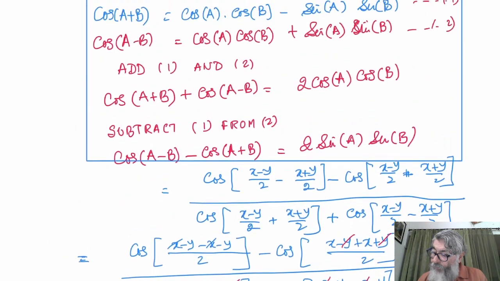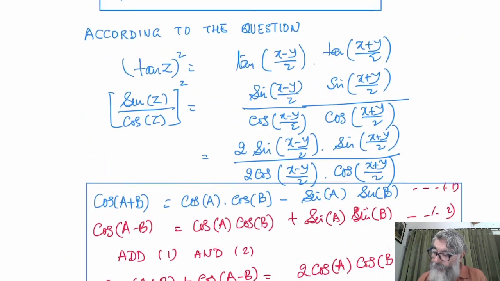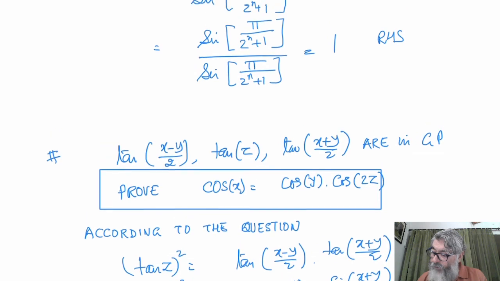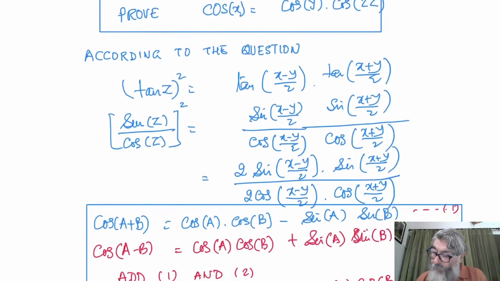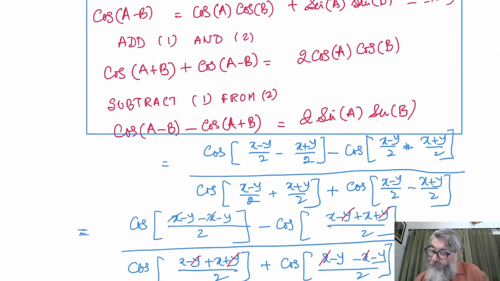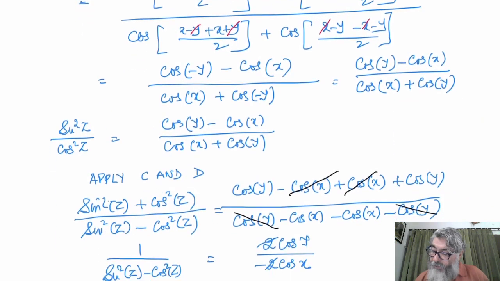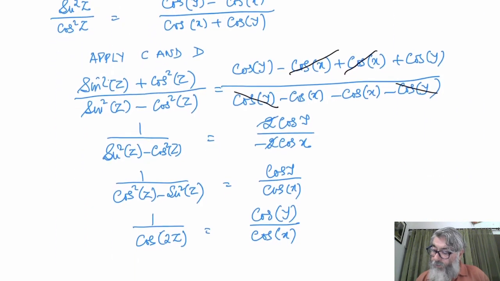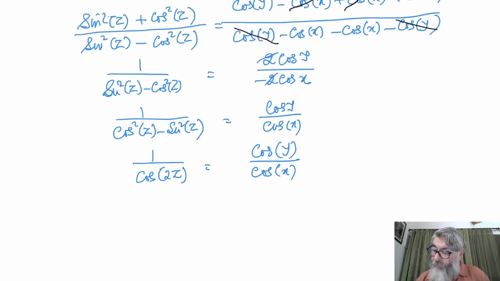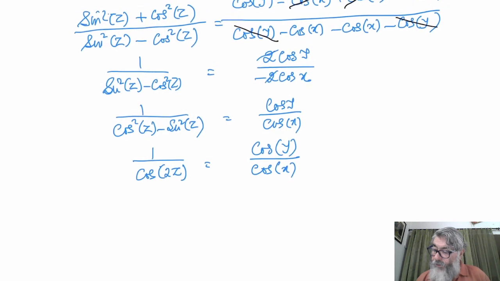We had to prove cos x. So let us cross multiply. So cos x will be equal to cos 2z into cos y. This is what we had to prove.